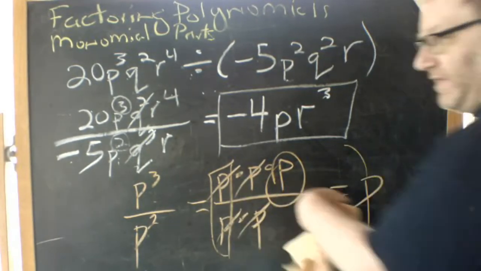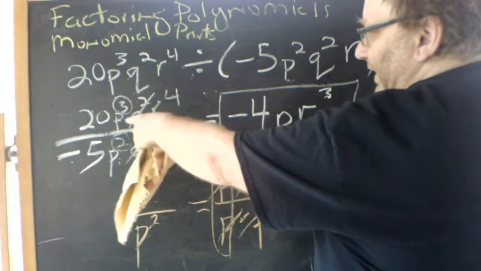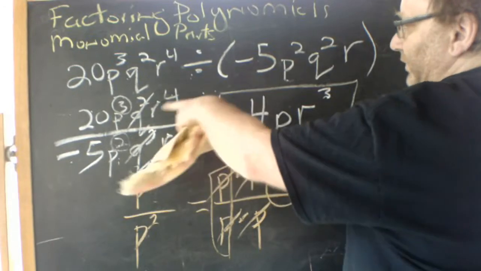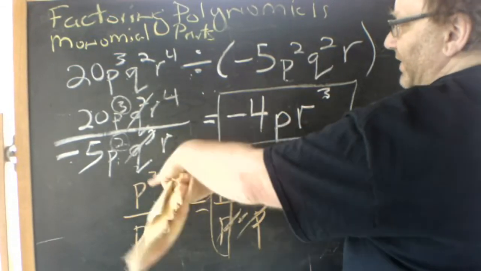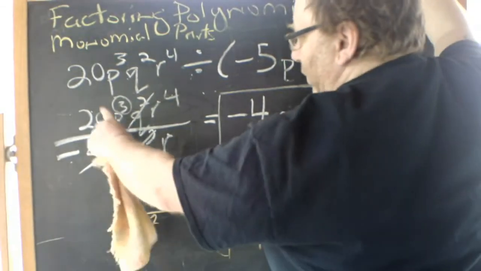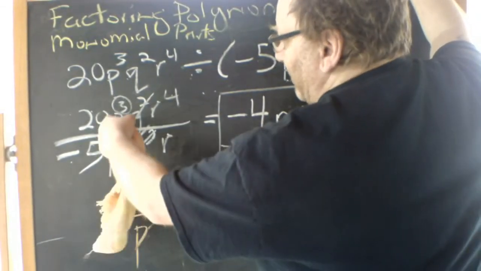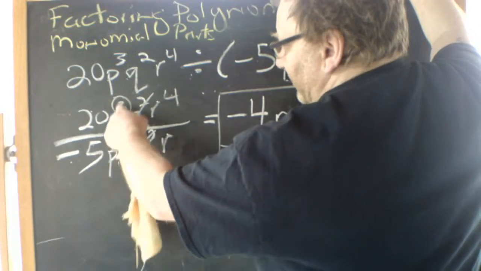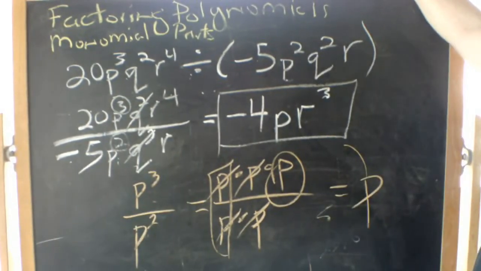And instead of having to write this out every time, like I don't want to write 3 P's, 2 Q's, and 4 R's upstairs, and 2 P's and 2 Q's, and an R downstairs, we find the rule that when we are multiplying powers or dividing powers, we can add or subtract the exponents.